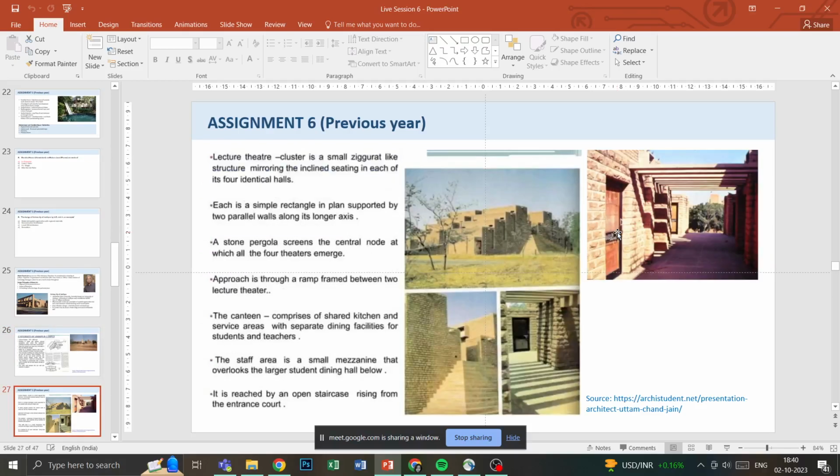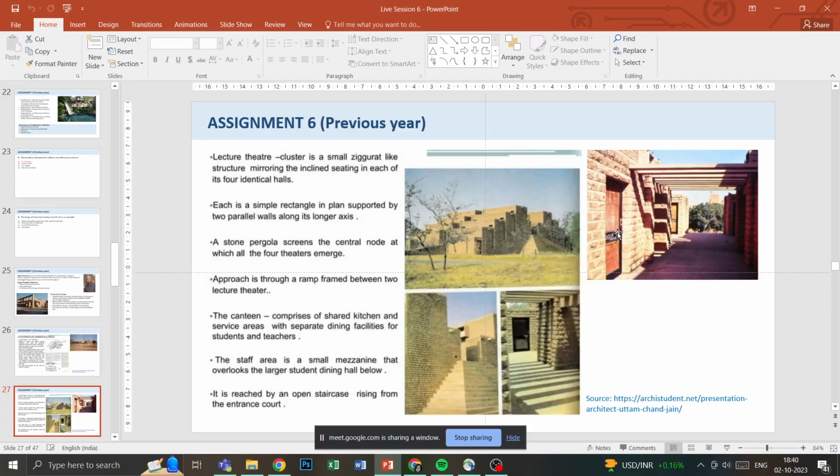The lecture theatre cluster is a small ziggurat-like structure mirroring the inclined seating in each of its four identical halls. Because it's a stepped classroom, it's a modernist approach, and it looks like a ziggurat from outside.